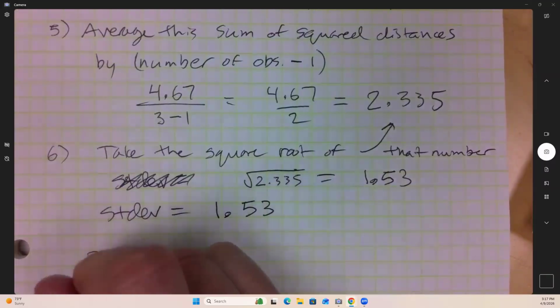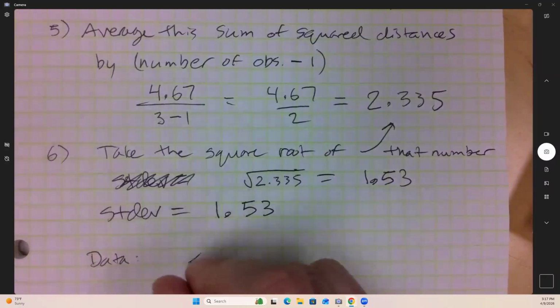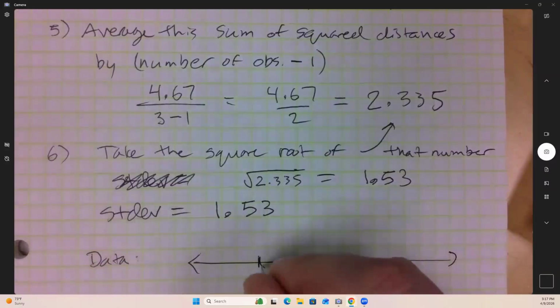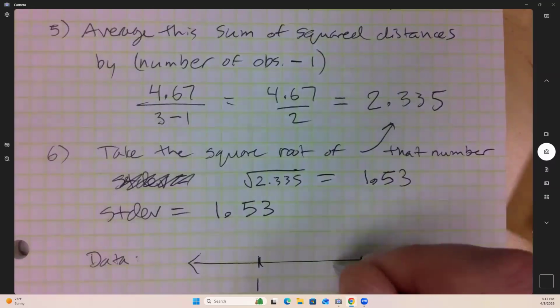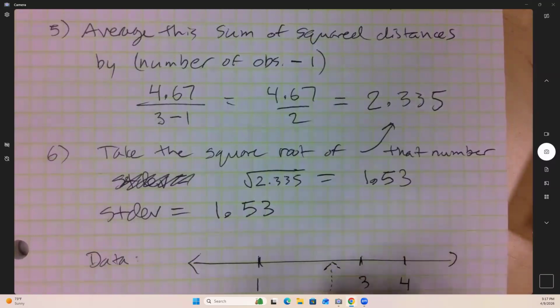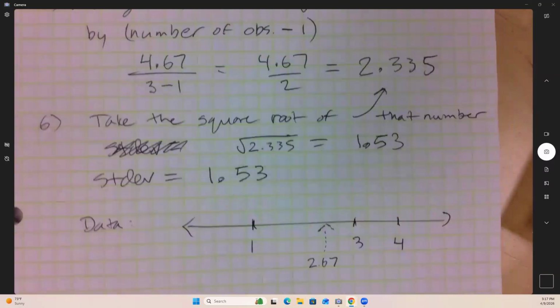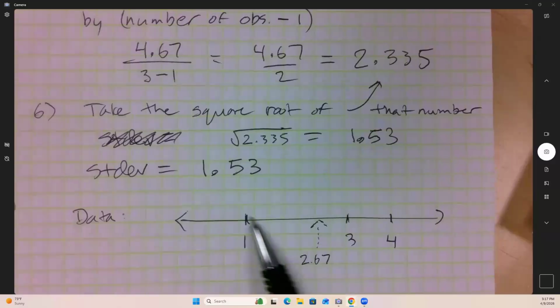So here's my data. On the number line, I have 1, 3, 4. The average is here. And the standard deviation, 1.53, is reasonable in either direction. That's kind of the idea for the standard deviation: what's reasonable?